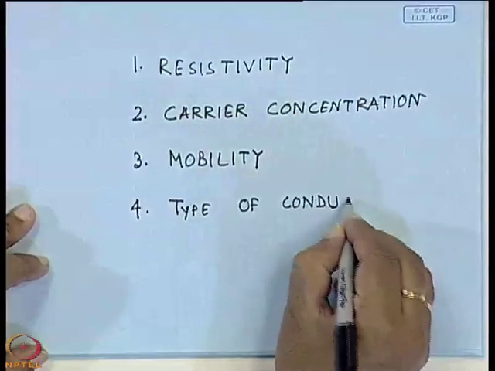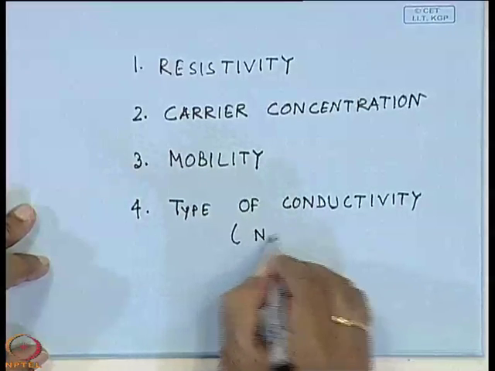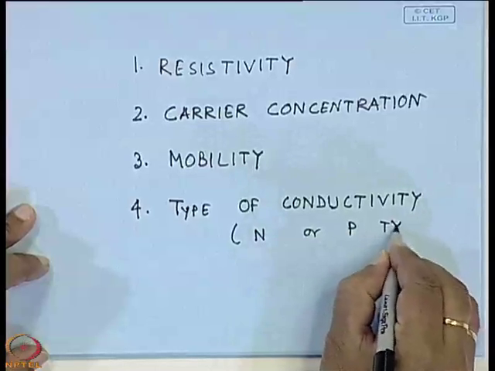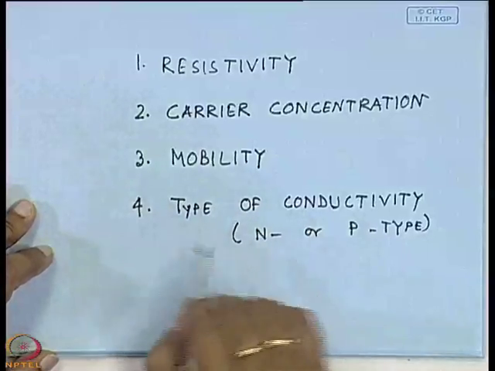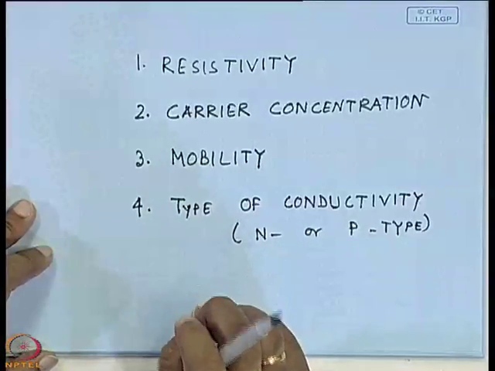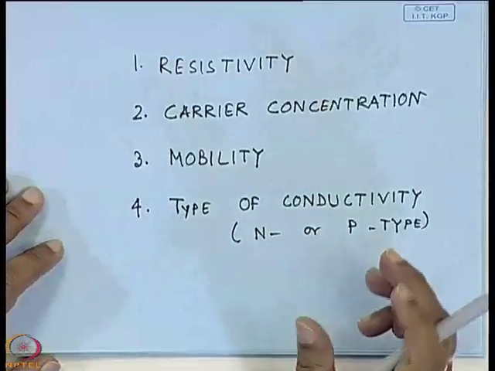Type of conductivity means whether it is N type or P type. These are the 4 basic characterizations that we follow once the material is grown, the properties we would like to study of a particular material. You know that resistivity and conductivity are the same thing, only that 1 by resistivity is the conductivity.